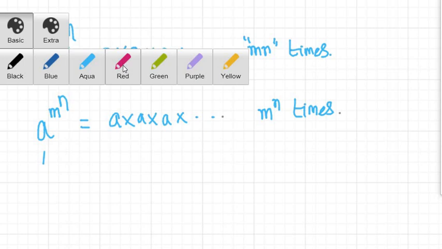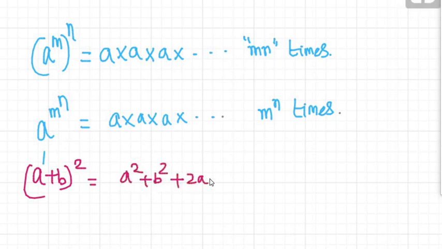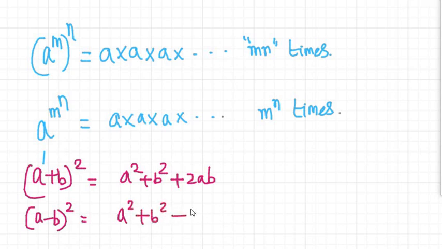Next is the basic formula in maths. What is A plus B whole square? A plus B whole square is equal to A square plus B square plus what? 2AB. What is A minus B whole square? A minus B whole square is equal to A square plus B square minus 2AB.